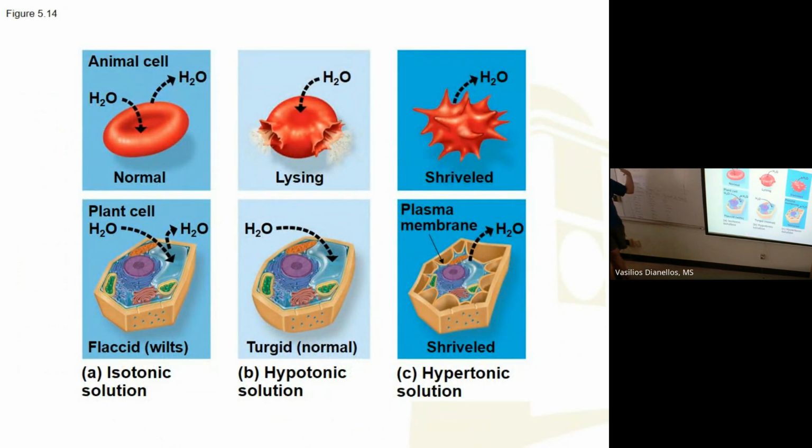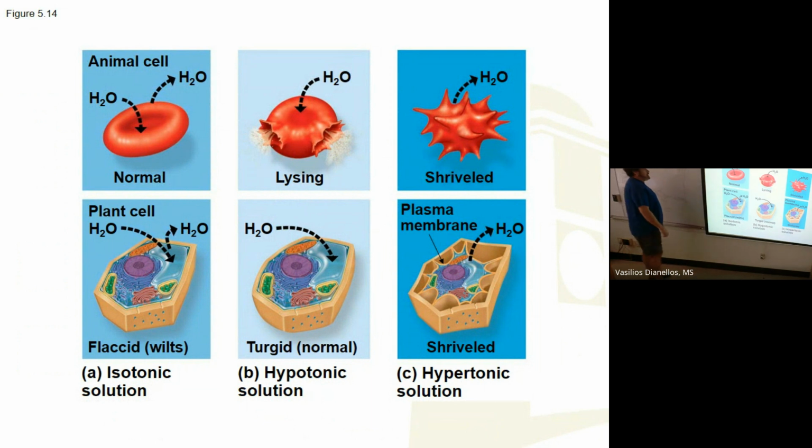After everything I just said, this is what you should know, this is what you should study for the exam. Just this one slide will suffice. You need to know that animal cells prefer an isotonic environment, right? You just have water coming in and out at an equal rate. That's what animal cells prefer, because if they're in a hypotonic environment, they'll explode. If they're in a hypertonic environment, they'll shrivel up.